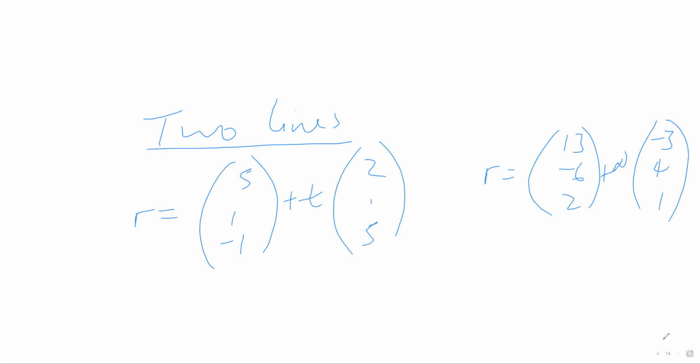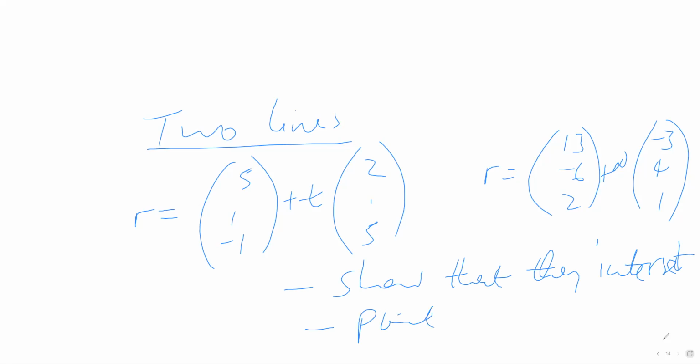We want to show that these lines intersect, and then find the position vector of the point of intersection. If you say they intersect, where are they intersecting? That's what we want to do.